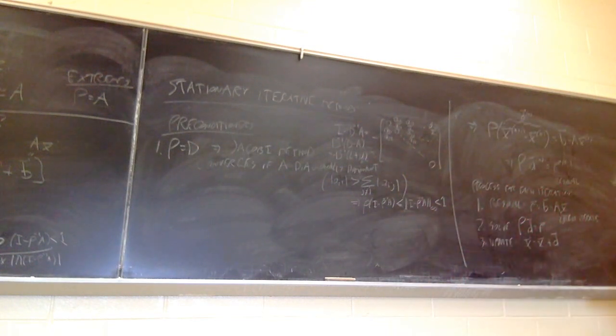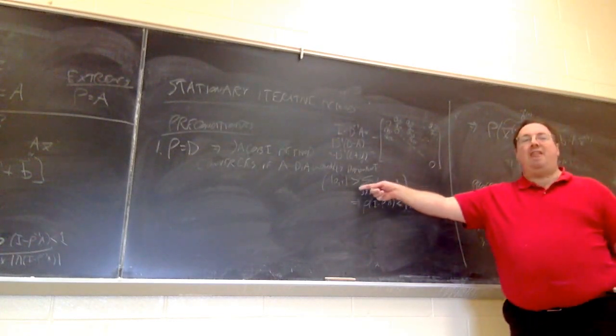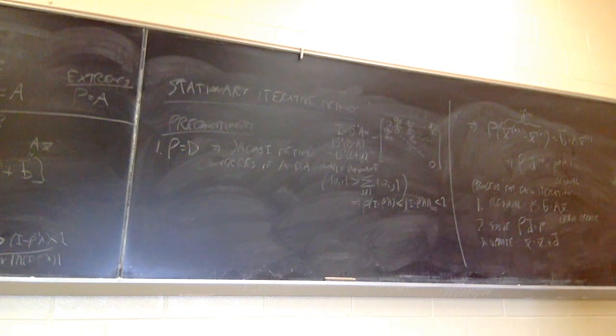And because the diagonal entries are larger than the sum of the absolute values of all the off-diagonal entries in that row, you can show that all of these row sums have to be strictly less than 1. So this diagonal dominant, the row sums are less than 1, the infinity norm is less than 1, therefore the spectral radius is less than 1, and you have a convergent iteration.